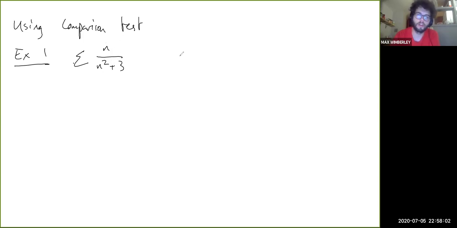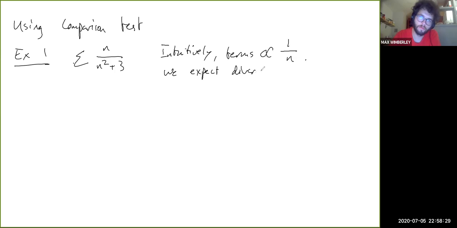So intuitively, the terms, and I'm going to use this symbol here, are similar, or proportional to, or approximately, whatever you want to call it, asymptotically similar to 1 over n. So we expect it to diverge, because the series of 1 over n diverges. These little extra complications, we don't expect them to make a difference.